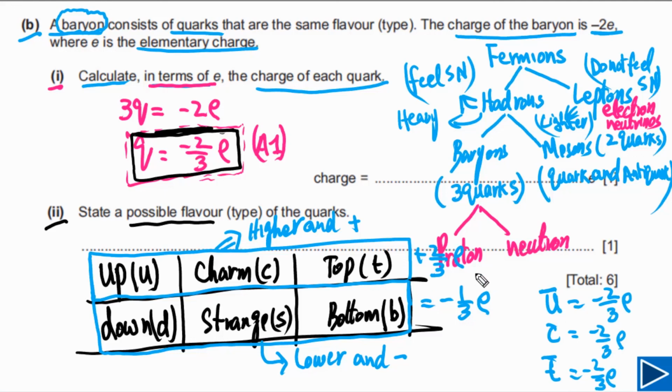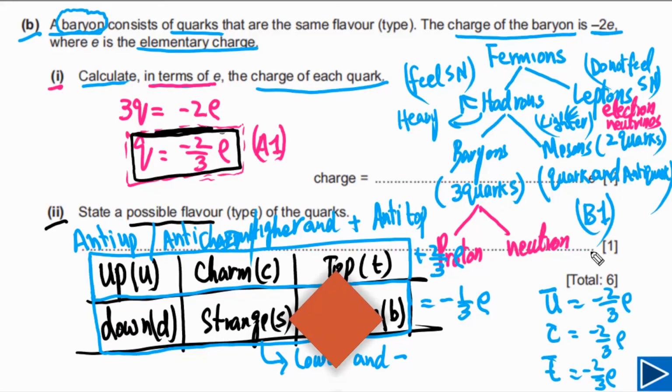Now for this question, you can say anti-up quark, you can also say anti-charm quark, you can also say anti-top quark. So you can mention any one of them, you will get 1 mark, and that mark is the B mark. So you will get the B mark for this one.